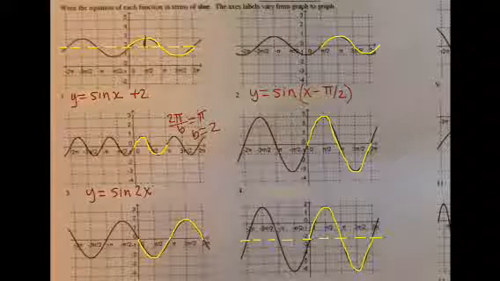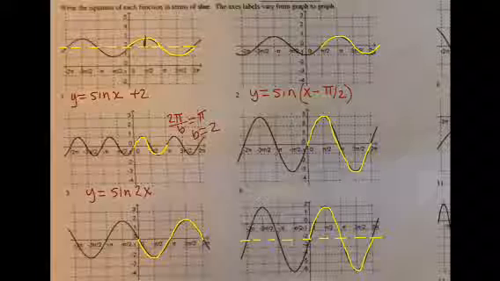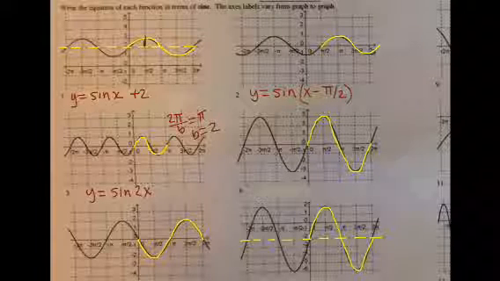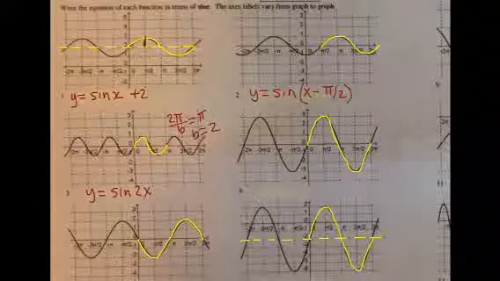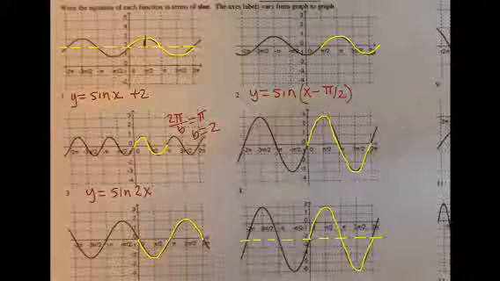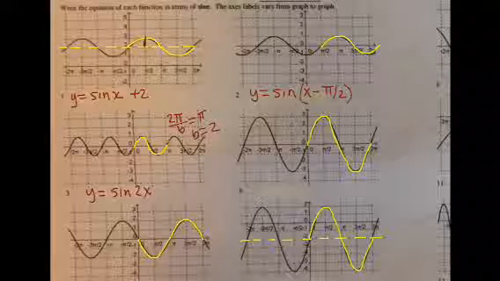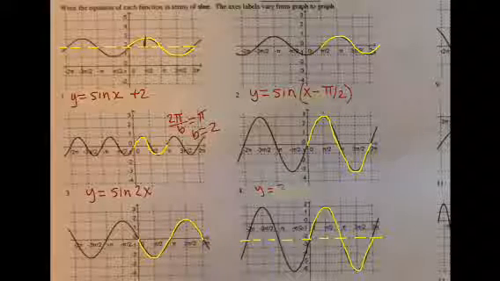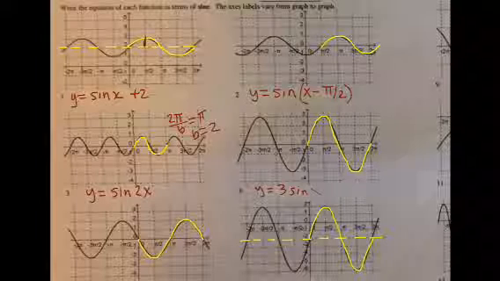For number 4, there is no horizontal translation or phase shift. There is no vertical translation. The amplitude is 3, and the period is just a regular 2 pi cycle, right? So you're going to put y equals 3 sine x.